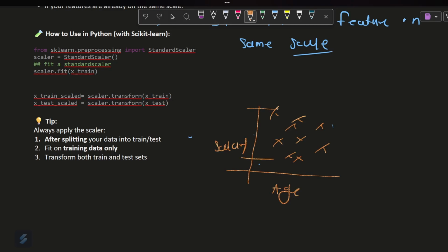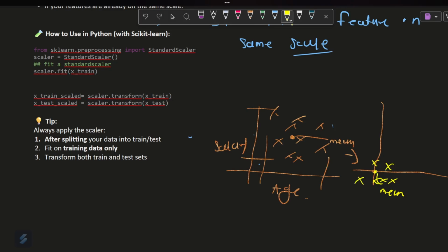These are the standard deviation of salary and the standard deviation of age, and the mean point is somewhere here. After we perform the standardization, what happens? All data points come closer to that mean point. That is after scaling.